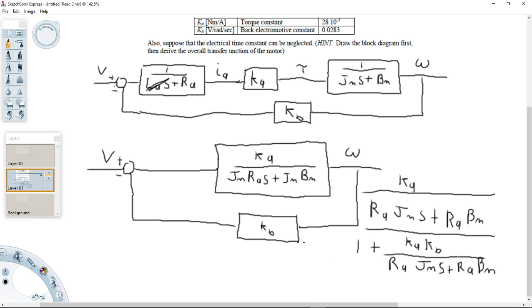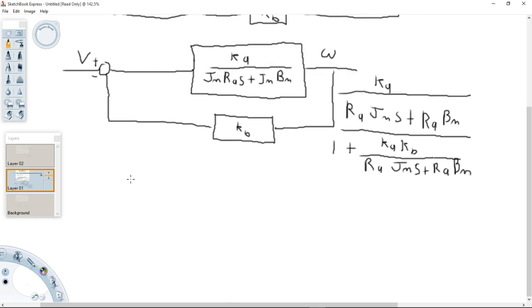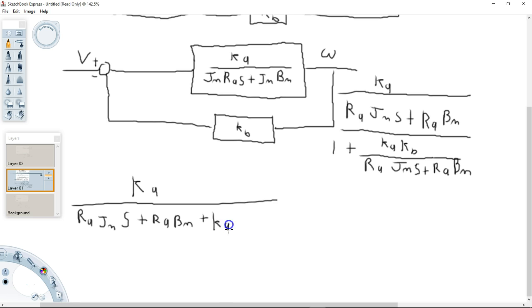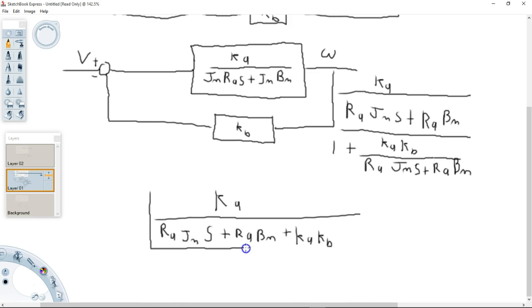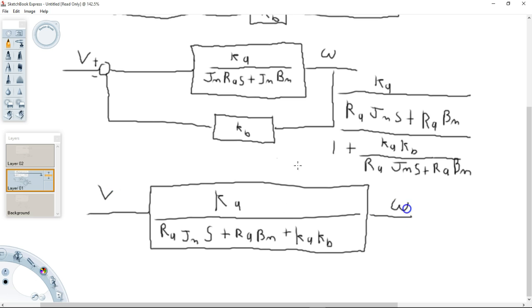So it would look something like this. So this is your overall transfer function. And this would be considered your plant.